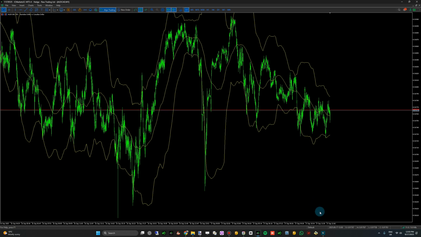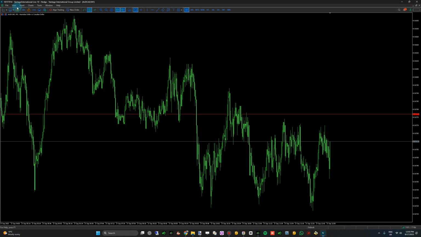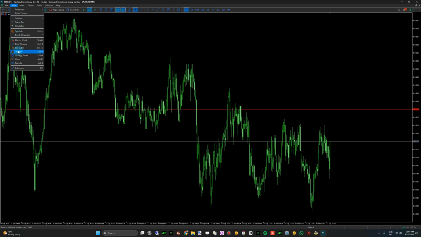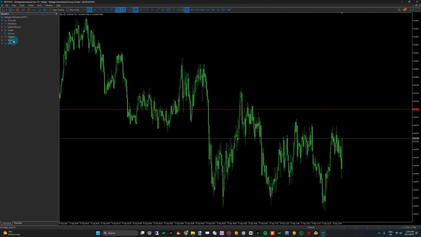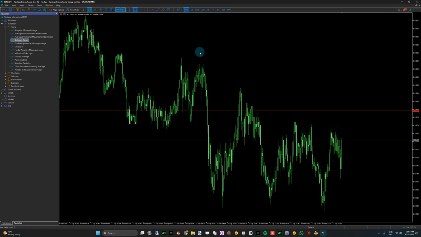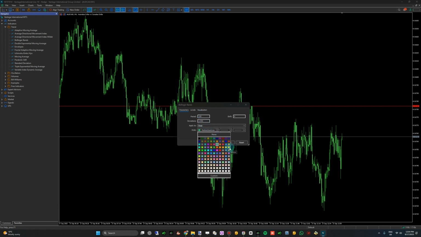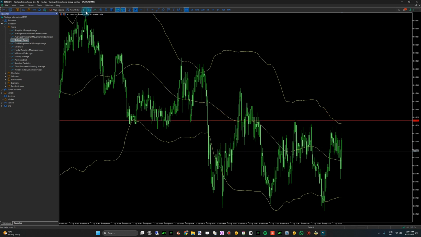And let's also add the Bollinger Bands trend indicator to the second platform. Let's open the navigator, select indicators, and choose trend. And here we'll find Bollinger Bands. So we had 120 there. All right, let's go ahead and reduce it now.